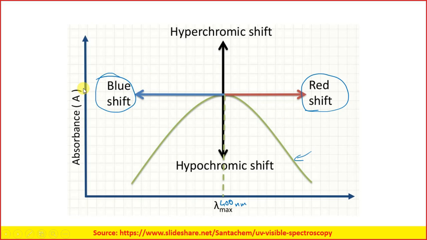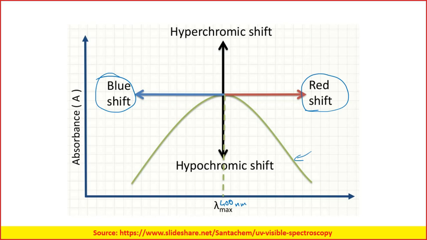So we are talking about the shifting in the wavelength region. If the peak shifts to a higher region, it is red shift, and if it shifts toward the lower wavelengths, it is called blue shift.